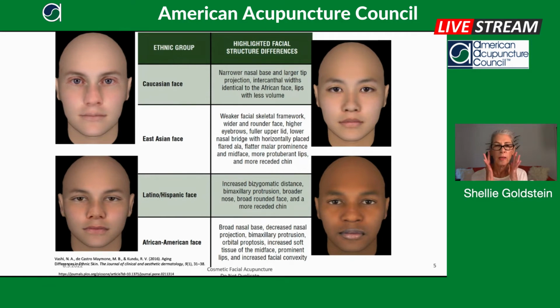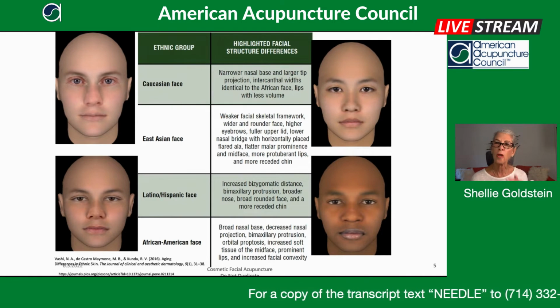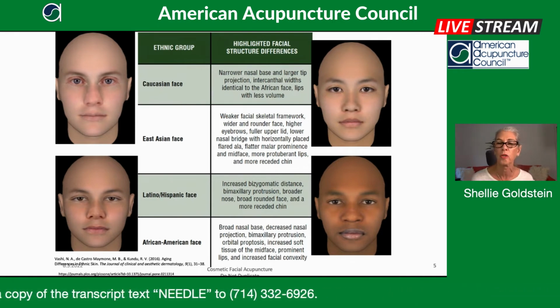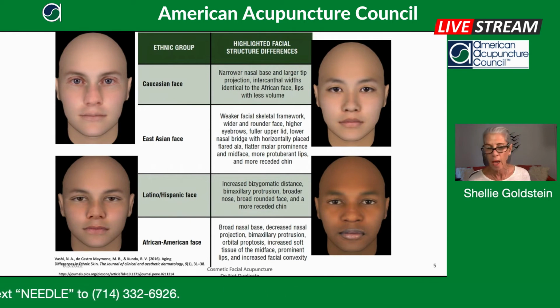The bimaxillary protrusion exists, where the orbital is a little more proptotic, a little bit lower. And then the tissue is a little plumper, a little bit softer. The lips are a little more prominent, and there's an increase in facial convexity. So there are some changes, although we're still dividing them up along the same trajectories, both horizontally and vertically.